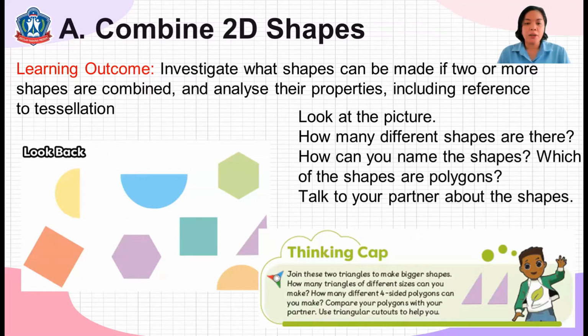We have 1, 2, 3, 4, 5, 6, 7, 8. Do you know the names of these shapes? Which of these shapes are polygons? Are you familiar with polygons? What is the difference between 2D shapes and polygons? Stay tuned and we will discuss this one by one.